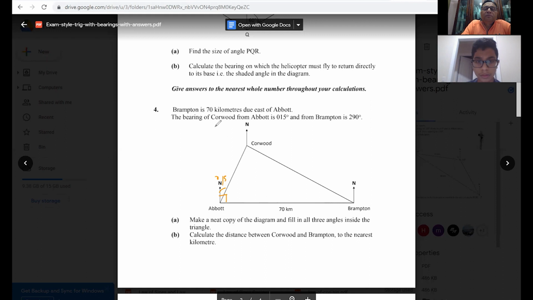The bearing of Corwood from Abbott is this, and from Brampton is 290. That is 290. You get the idea, from Brampton to Corwood. I have one little doubt.